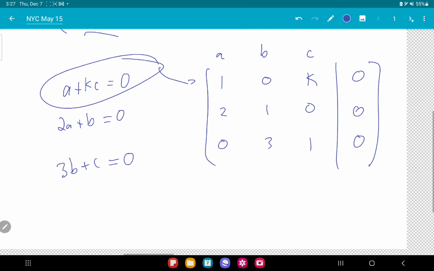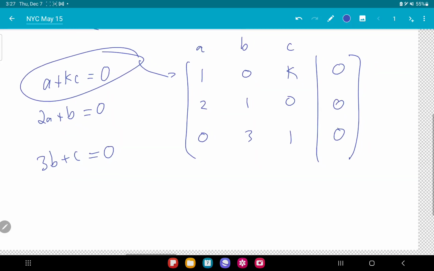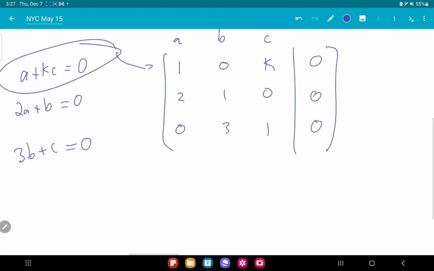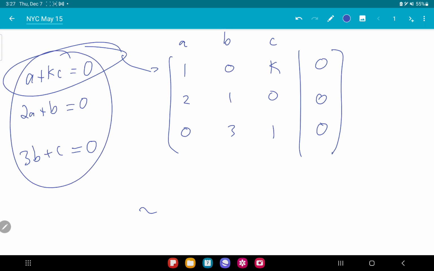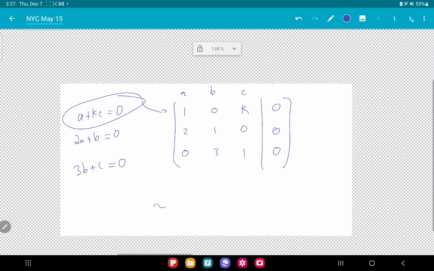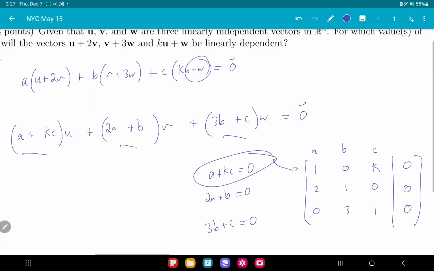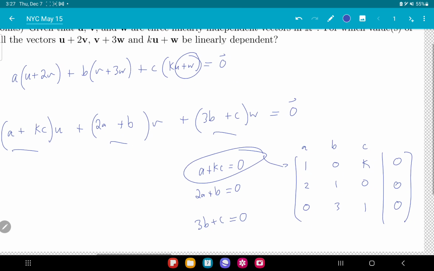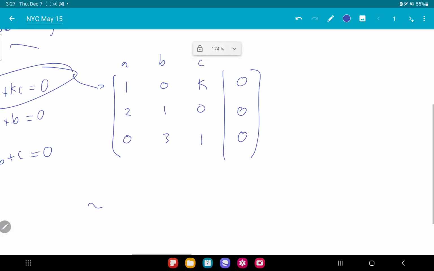Okay, now let's reduce this matrix and see what happens. Now, what I want is I want A, B, and C to exist such that this equation is true, and I want these A, B, and C to be not all 0. So I'll keep that in mind as I'm reducing here.